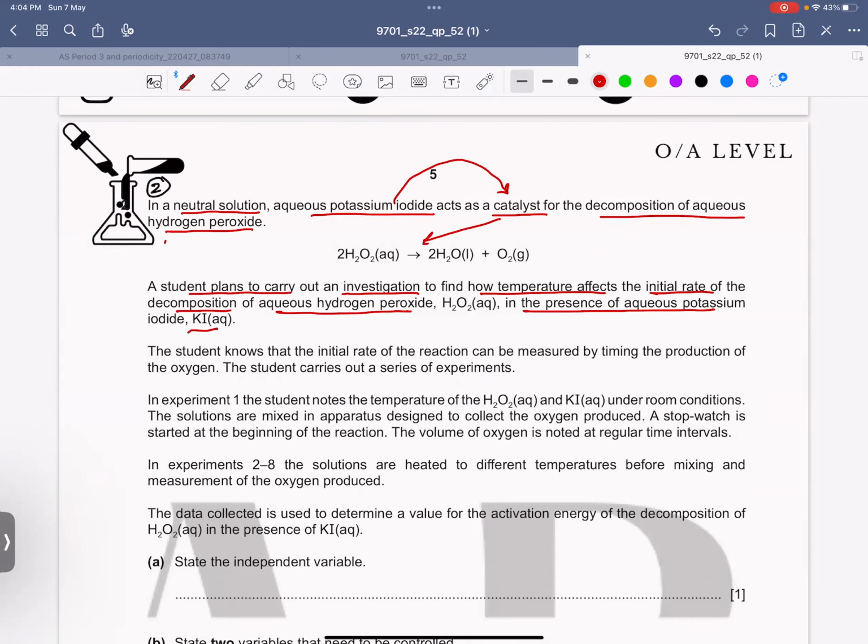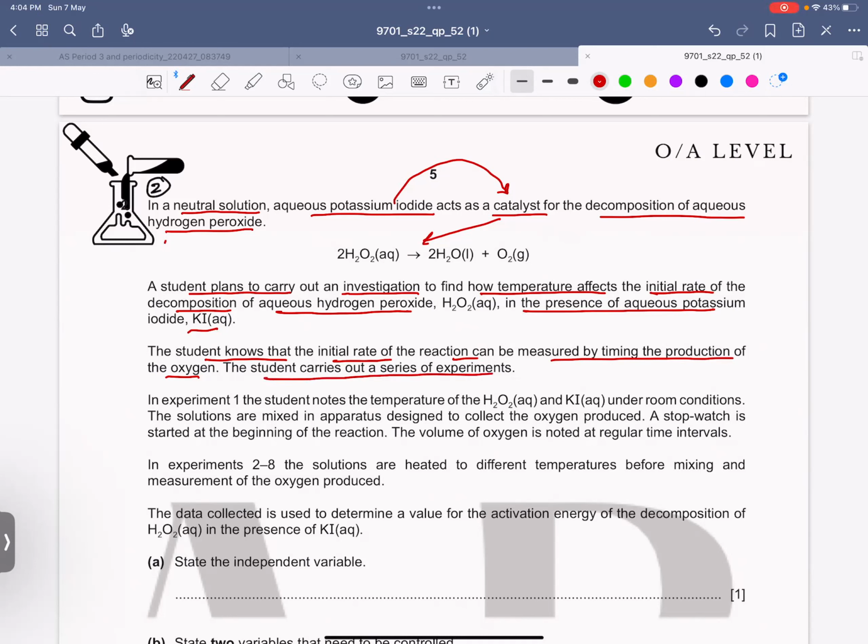Okay, so we have to find the effect on the initial rate by changing the temperature. The student knows the initial rate of the reaction can be measured by timing the production of the oxygen. So we would record the amount of oxygen produced in equal intervals of time.